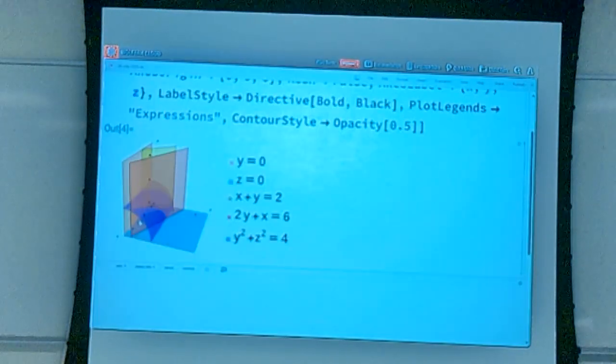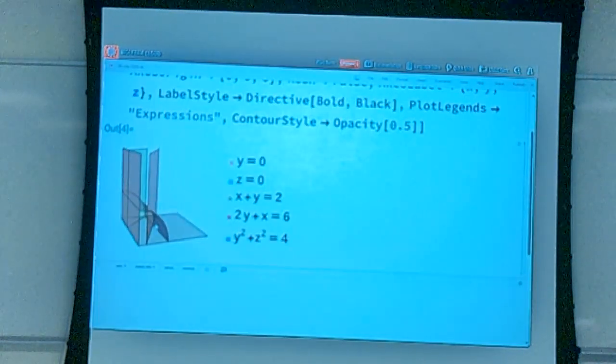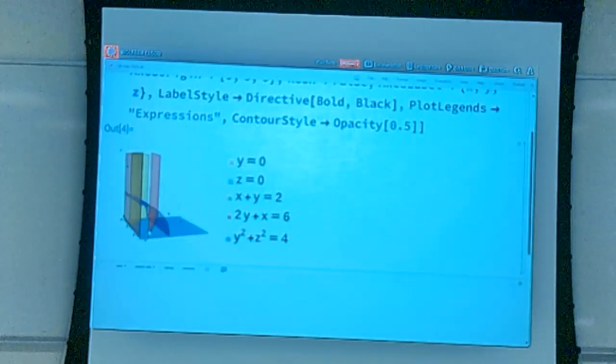And now the idea is we want to try and get a good view so we can see the solid in question.